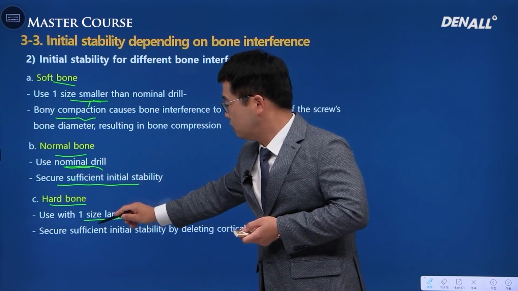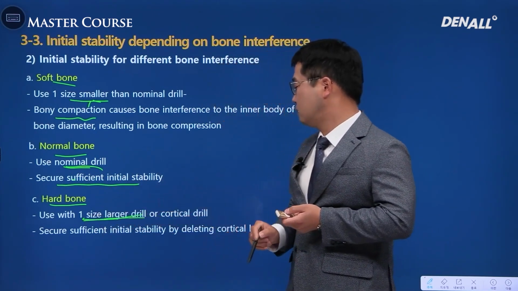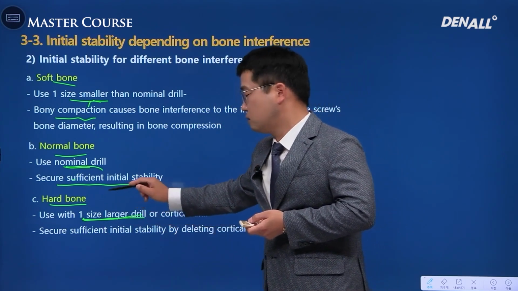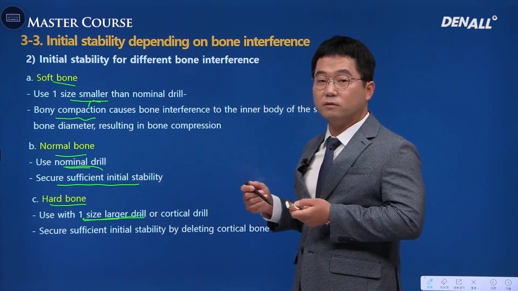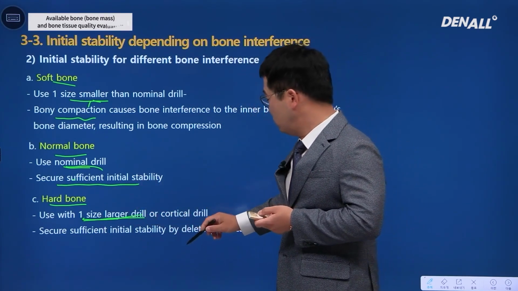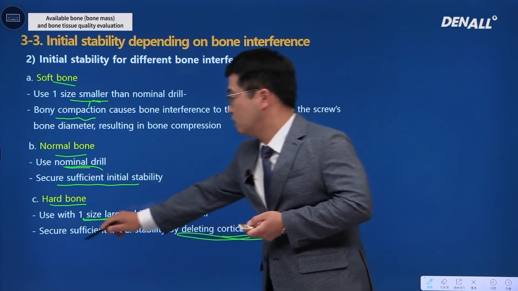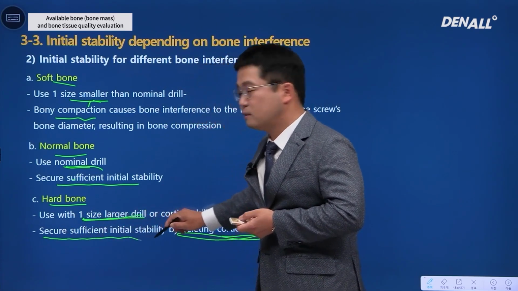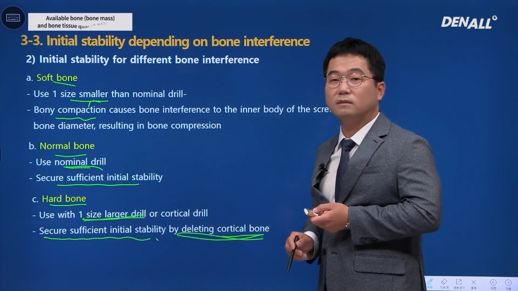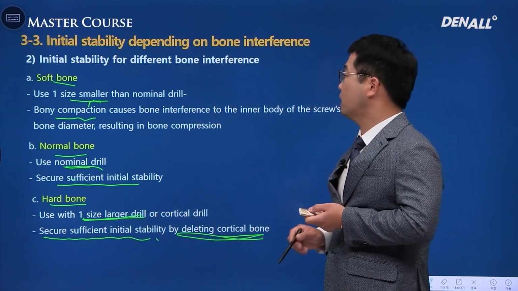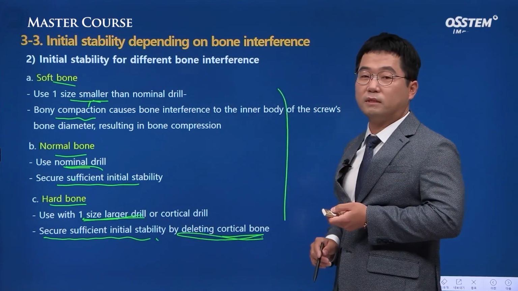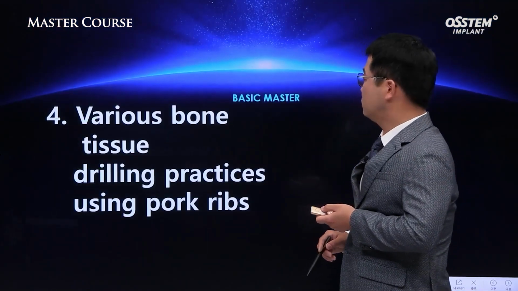In the case of hard bone, you need to use a drill a size bigger in order to prevent pressure necrosis. You need to remove sufficient amount of cortical bone to get appropriate amount of primary stability. Please remember the precautions that I've mentioned earlier.